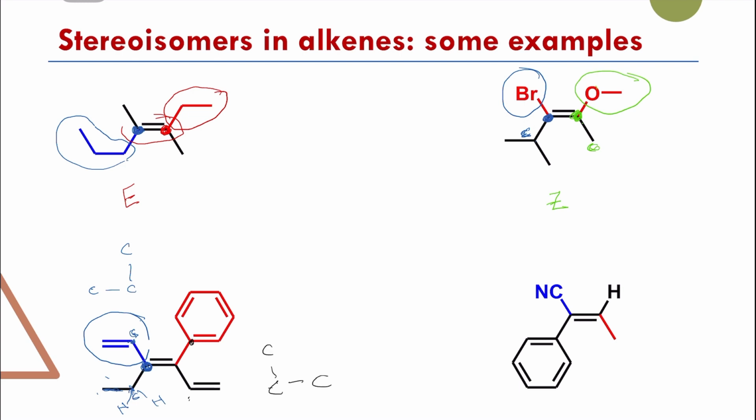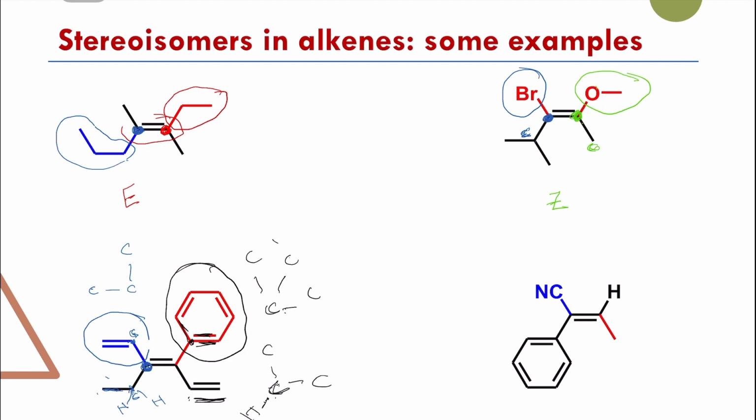This carbon here is actually attached to one, two, three, so as if it's attached to three different carbons. Which one will be given the priority? It's this one that's attached to two carbons, because this one at the bottom here is attached to two carbons and a hydrogen. So the phenyl group is given the priority.